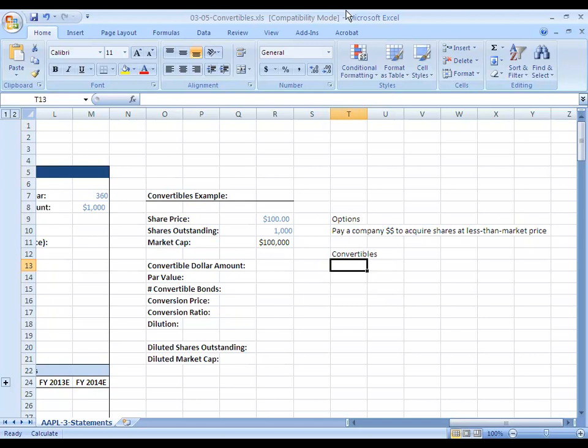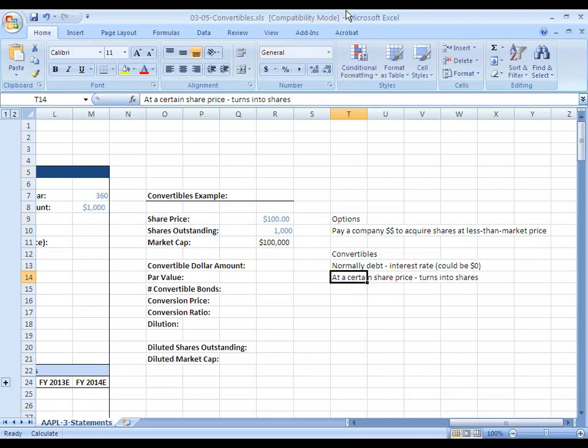With convertibles, we have a security that is debt, but which can turn into shares. So normally it's debt and there's an interest rate, which could be zero, but there's always some kind of interest rate associated with it. And then at a certain share price, it turns into shares.